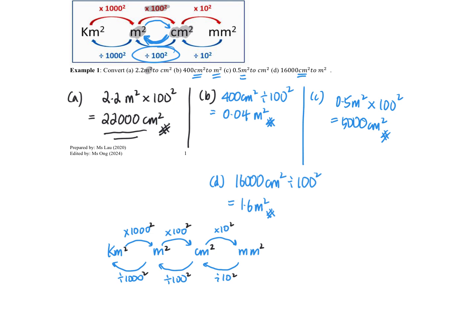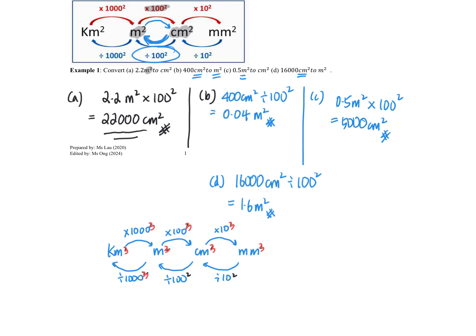So it's one conversion chart. You can do from 1-dimensional to 2-dimensional to 3-dimensional. Meaning, if I want to go into volume, kilometer cube, meter cube, cm cube, mm cube, it will be the same chart, but everything becomes cube.